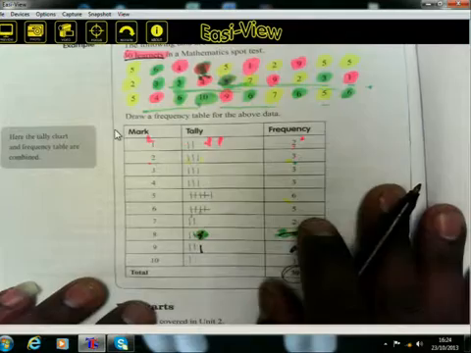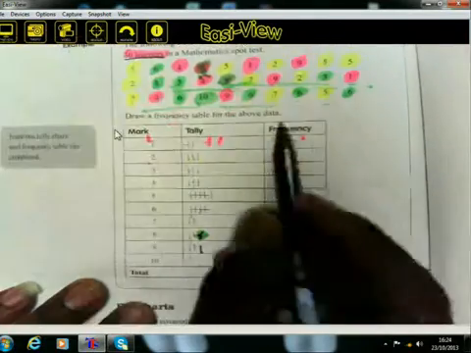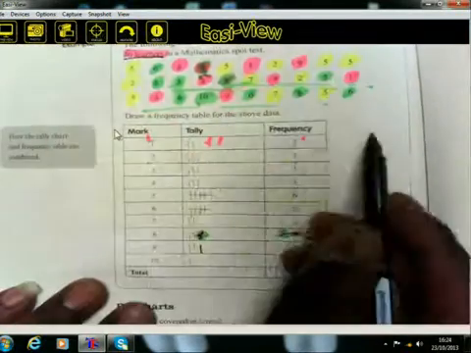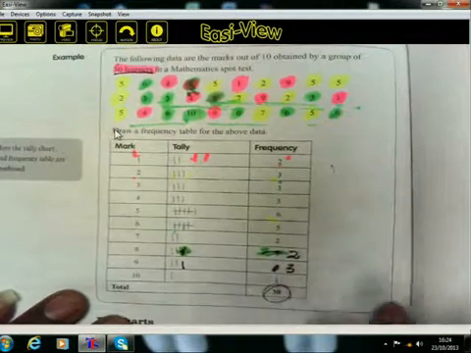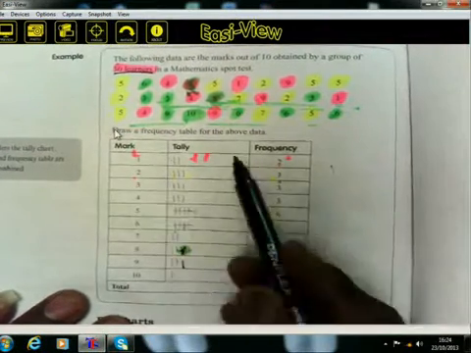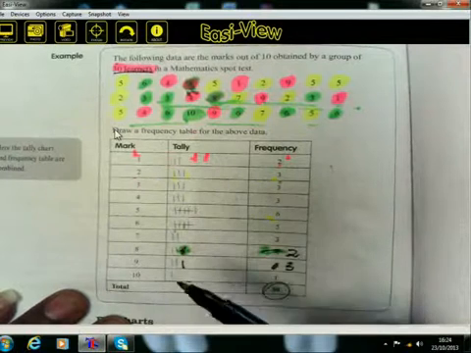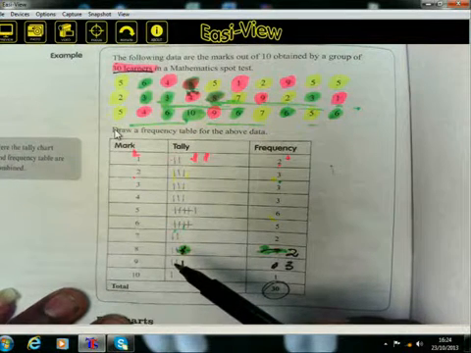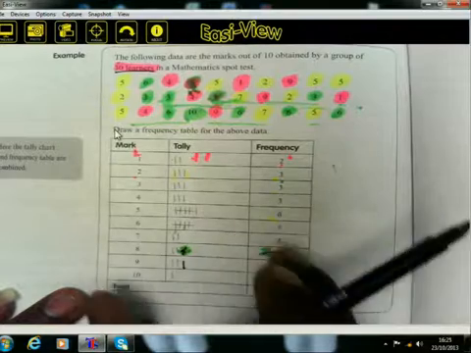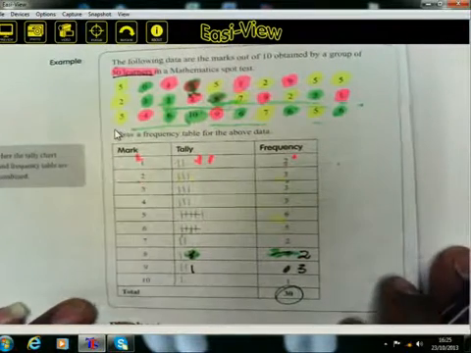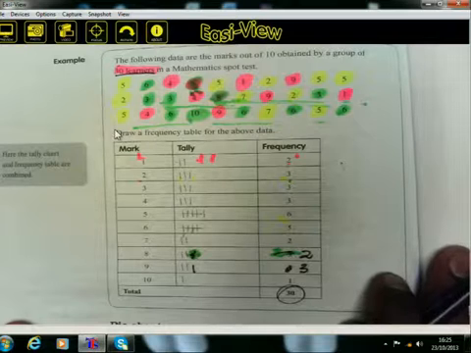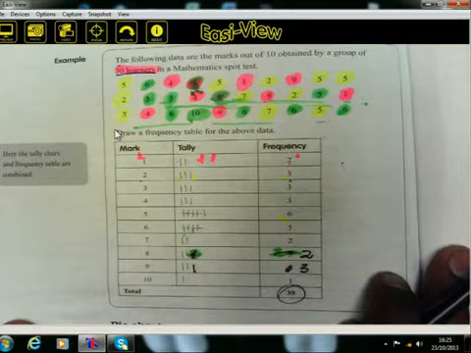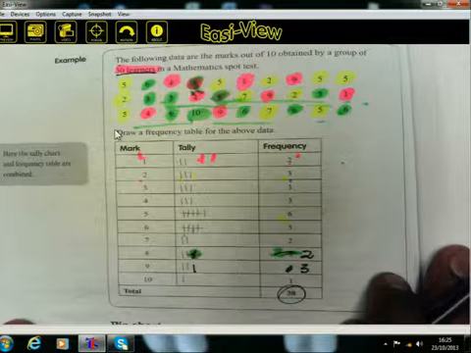Do you see now, we have taken the information that is given, and we drew it on the frequency table. Now, after drawing it on the frequency table, it is whereby we are going to talk about the bar graph, histogram, or a pie chart.